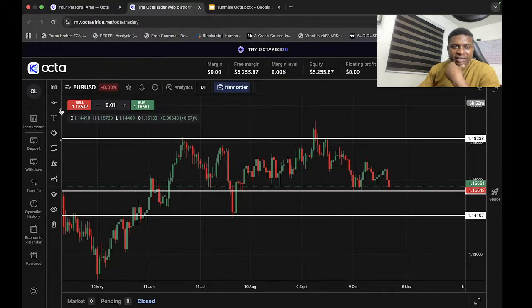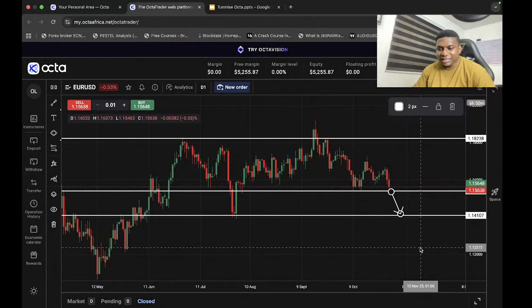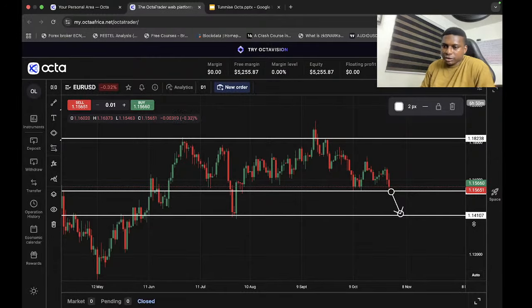So what I'm saying in essence is this: if the support zone can't hold the price here, we might see price drop down further to the next support zone, and the next support zone is rightly seated at 1.14107.